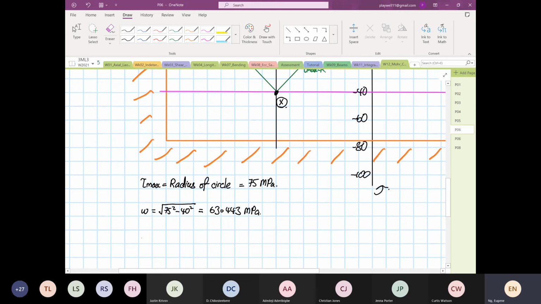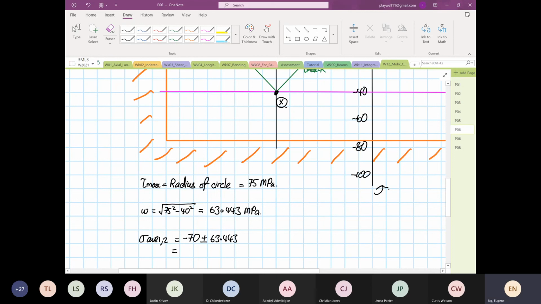Then we can calculate stress average 1 and 2. It's equal to minus 70, because we know point X is minus 70 normal stress, plus or minus 63.443.